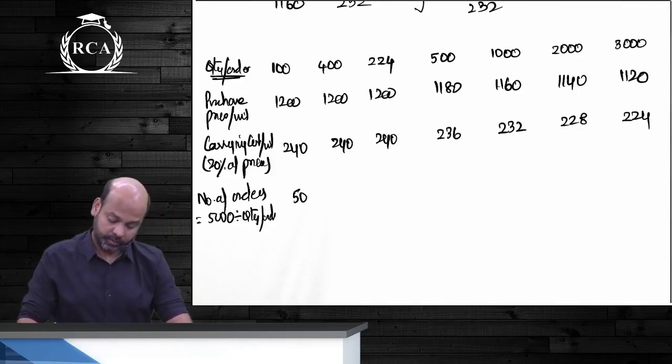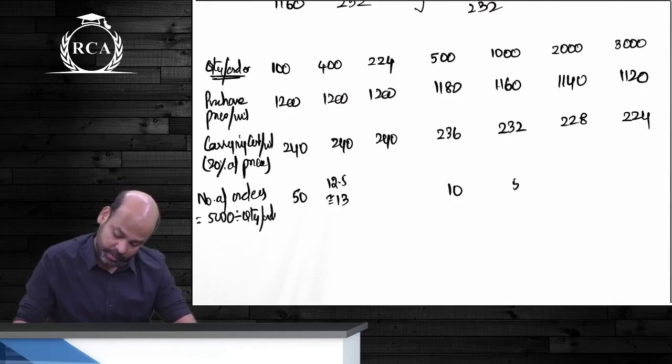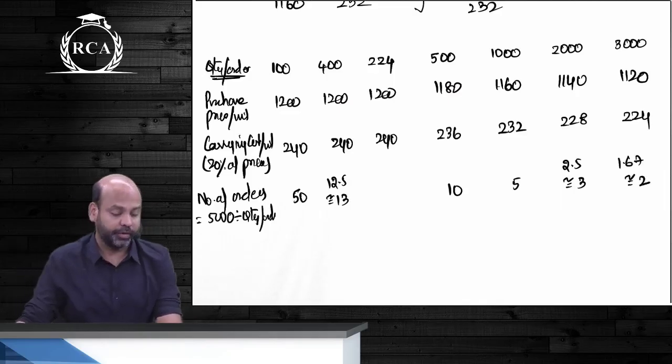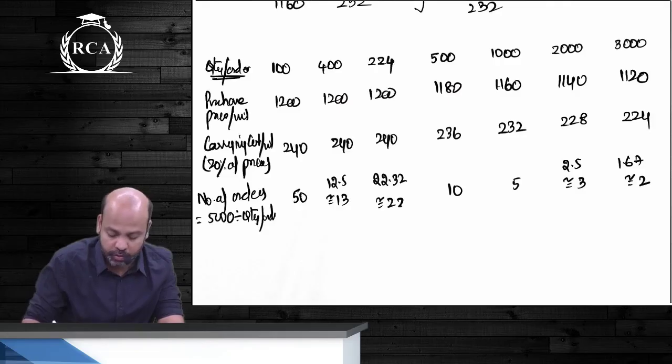Correct, no? 50 by 4000. 12.5, that is roughly 13. ये 10 है, ये 5 है, ये 2.5 है, मतलब 3 है, ये 1.67 मतलब 2 orders. एक बार ये करना 5000 by 224, 22.32, so that is 22 orders.